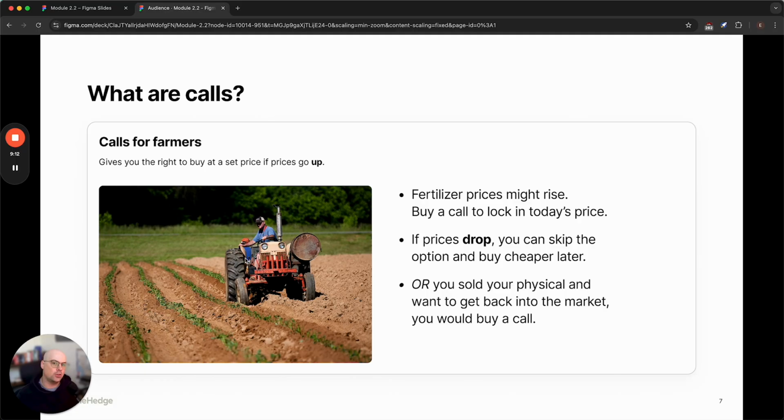They aren't as commonly used as puts, because as we discussed in an earlier module, farms are inherently long. So typically you want to use puts to offset some of that risk instead of buying calls where you're adding to that risk. But there are scenarios where you can use either of them.